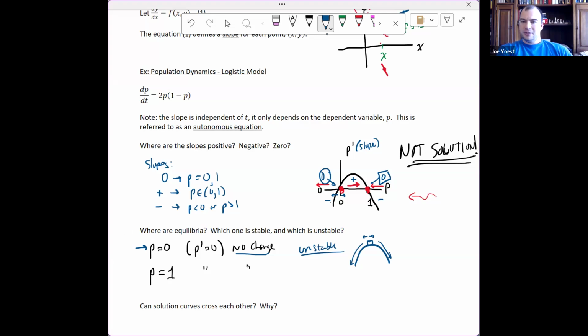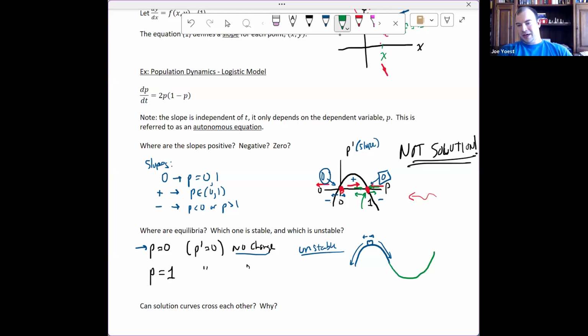On the other hand, if we look at p equals 1, if I deviate to the right a little bit, well, when I'm to the right of 1, I'm getting pushed back to the left. If I deviate to the right a little bit, I get pushed back towards 1. Or if I deviate to the left a little bit, that positive slope then is pushing me back towards 1 again.